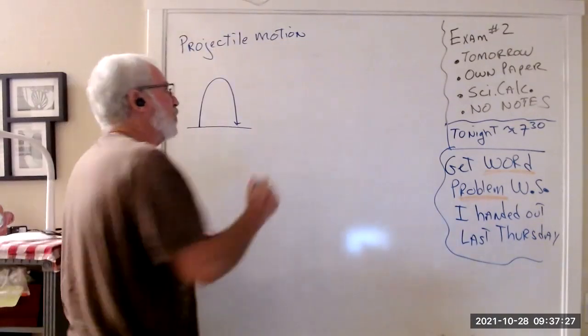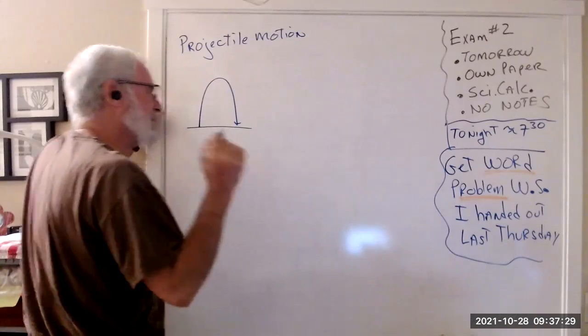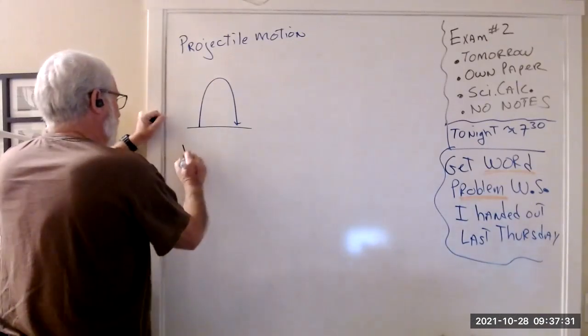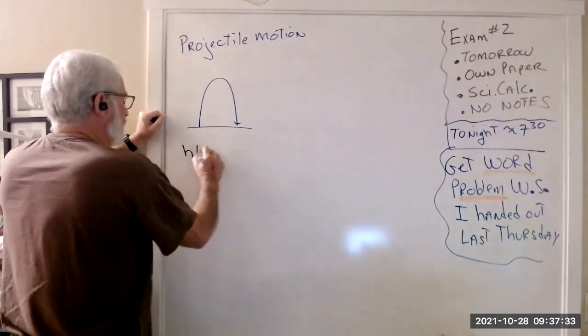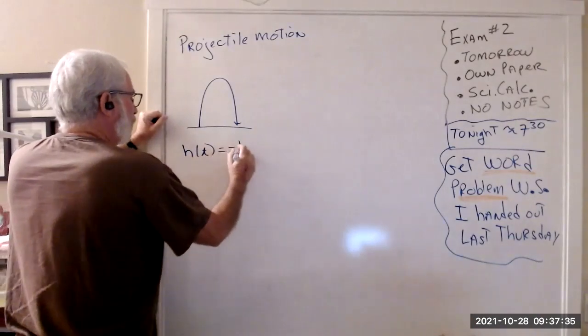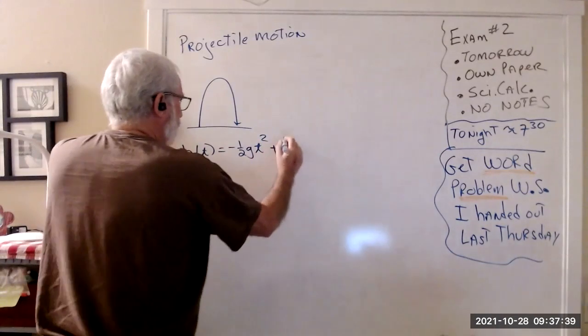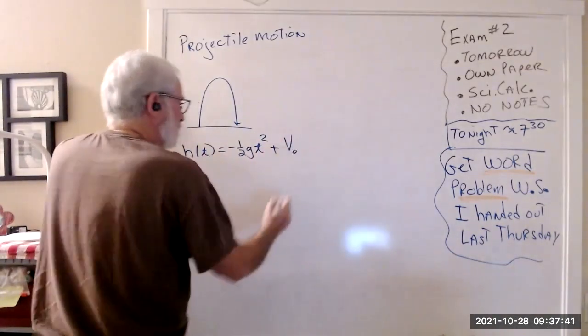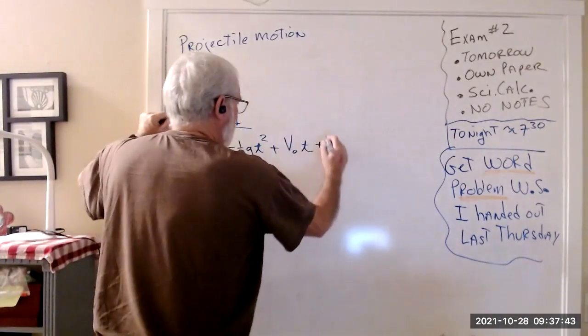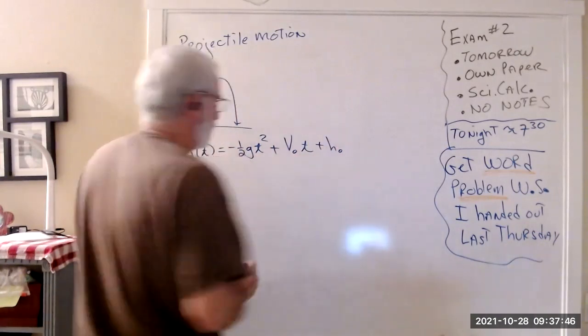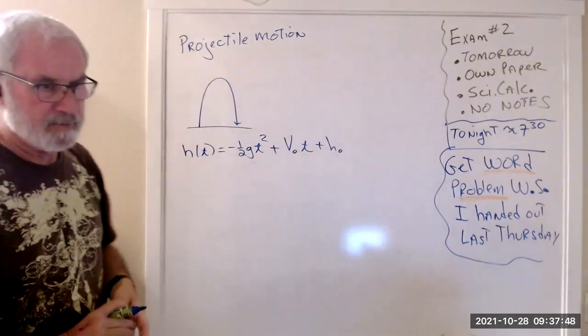Now, the formula that you kind of need to know, so don't panic yet, is h of t equals -1/2 gt squared plus v sub 0 t plus h sub 0. Now I want to talk about that.